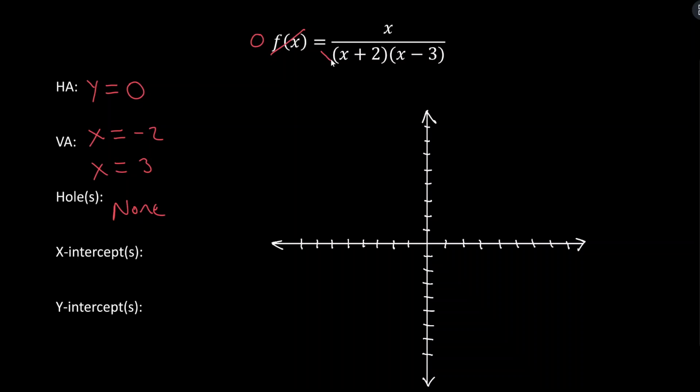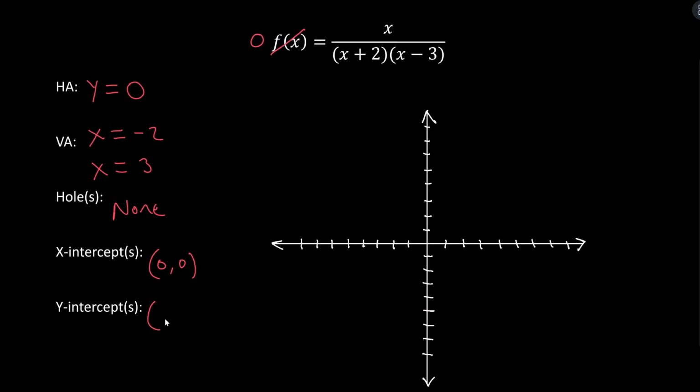Again, if I had x over x, for example, then there would be no x-intercepts. But in this case, since I have this x in the numerator and that factor is not also in the denominator, I do have an x-intercept, and it is at (0, 0), because that's what I have to plug in for x to get 0, to satisfy this equation.